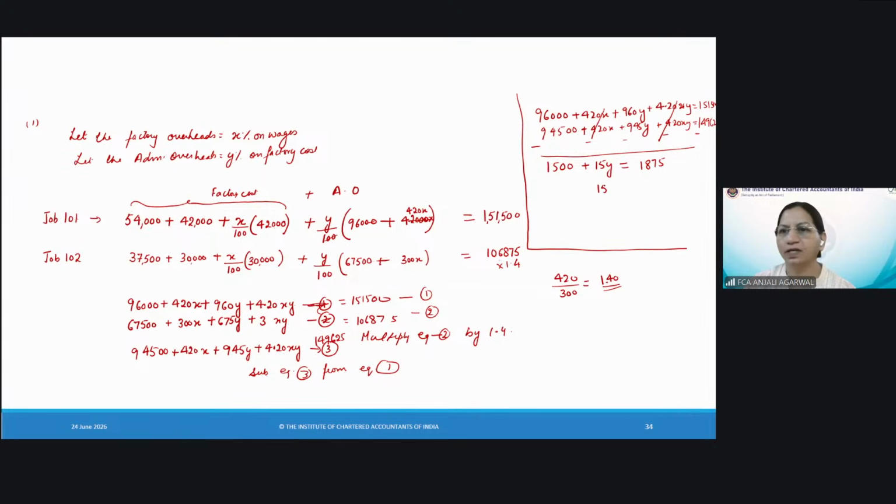So 15y is equivalent to 375 and y is equal to 375 divided by 15, 25%. So administration overheads will be 25% of factory cost. Now you can solve for x also, putting the value of y as 25%.